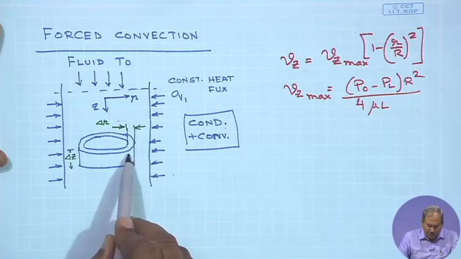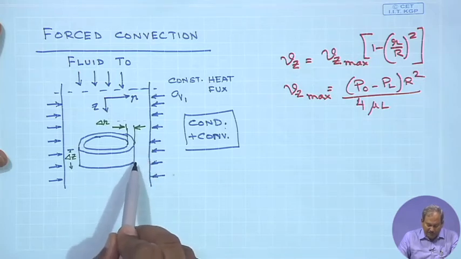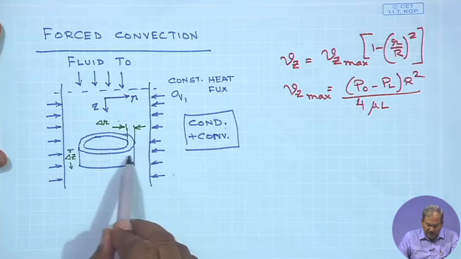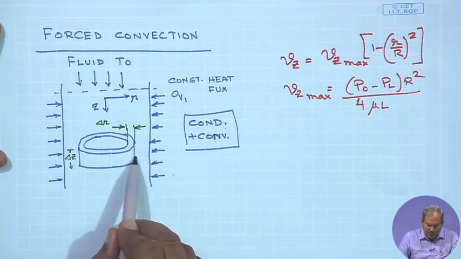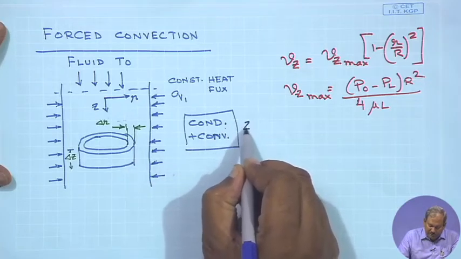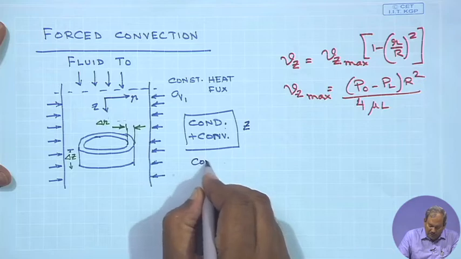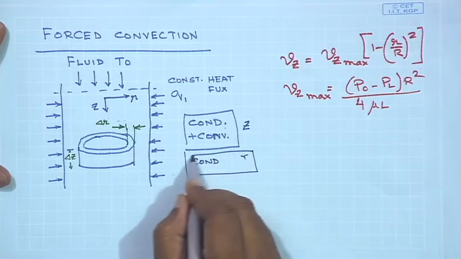So the velocity is 0 in the r direction and therefore no convection. However, the temperature is changing in the r direction, so there would always be conduction in the r direction. So conduction plus convection in the z direction and only conduction in the r direction.